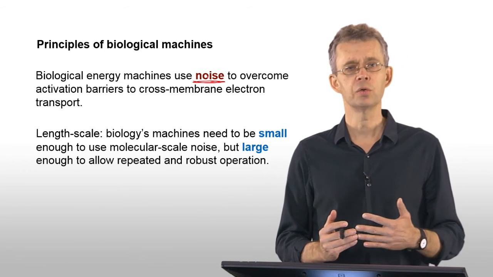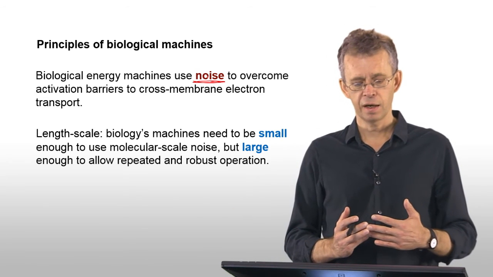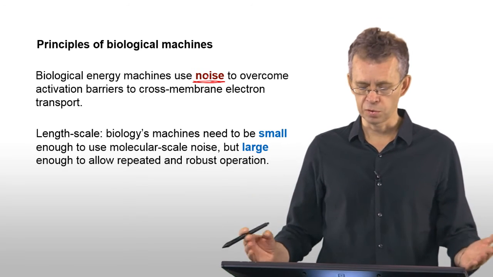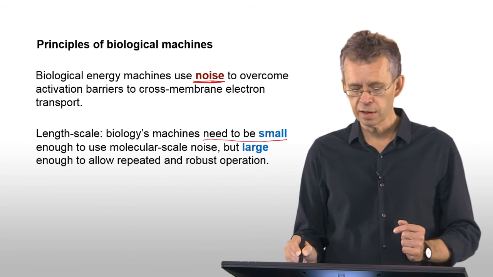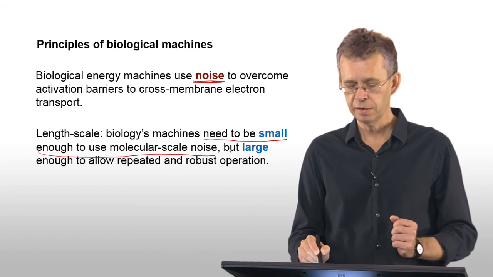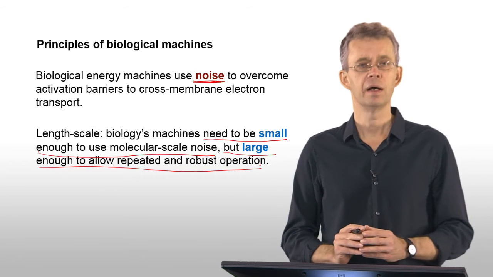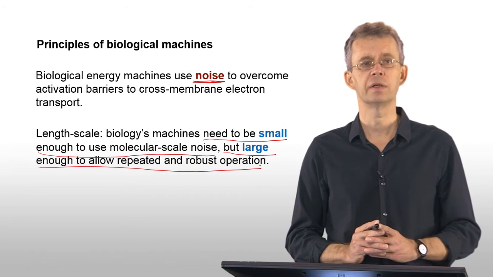You don't want to lose control, and that's why biological machines cannot be too small. They need to be small enough to use molecular scale noise, but they need to be large enough to allow repeated action and to be robust.